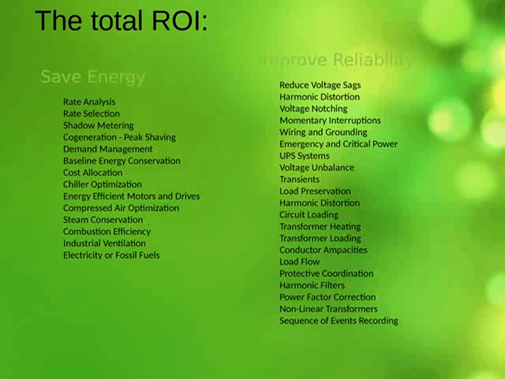When you talk about reliability, things such as voltage notching, voltage unbalance, harmonic distortion, power factor correction, and sequence of events recording are just a few of those elements that are probably not going to be available in a meter that's on the lower spectrum of the metering categories, meaning a basic meter may not be able to provide that type of application that you're looking for.